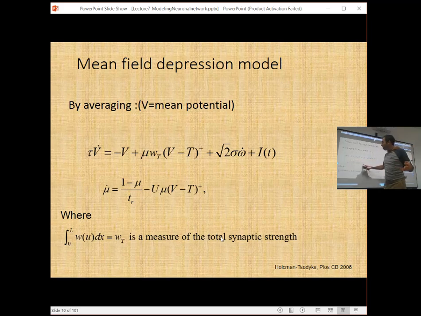And mu satisfies what I just explained to you a second ago, and you can add noise. Sigma is the variance of the noise, omega is the Brownian motion, mean 0, variance 1, and I of t could be an external stimulation.